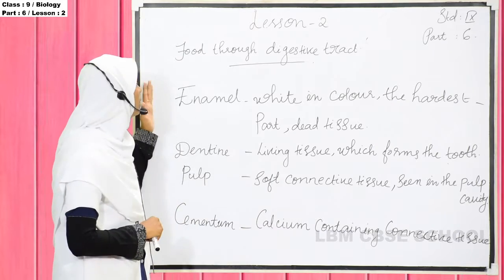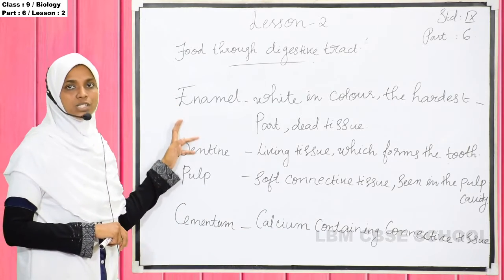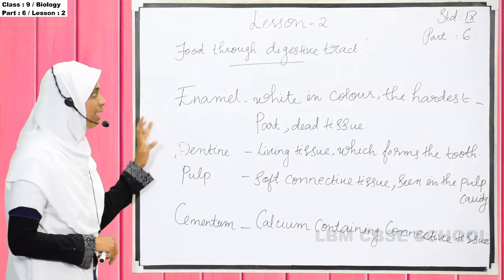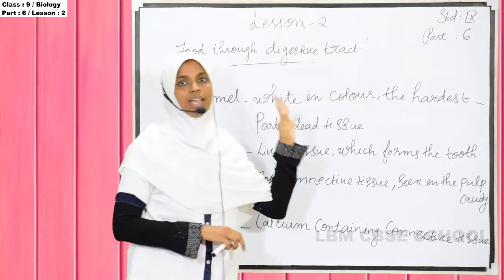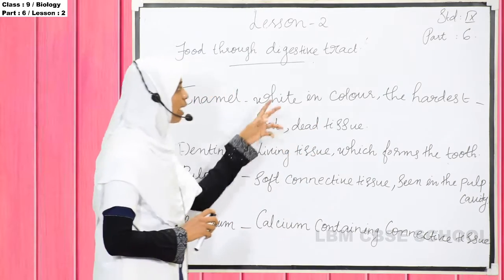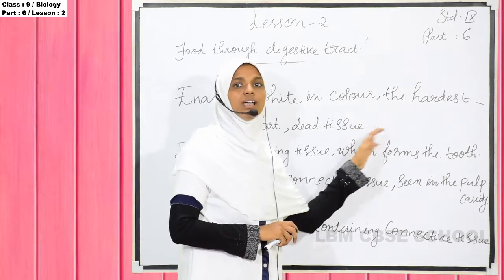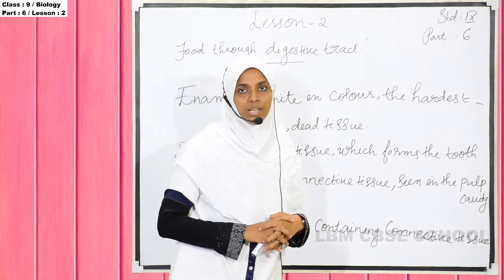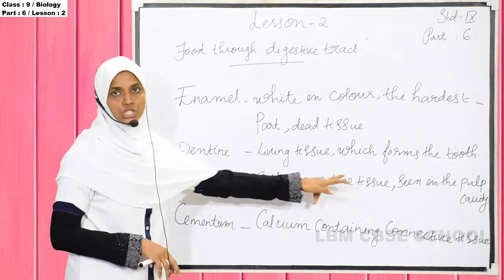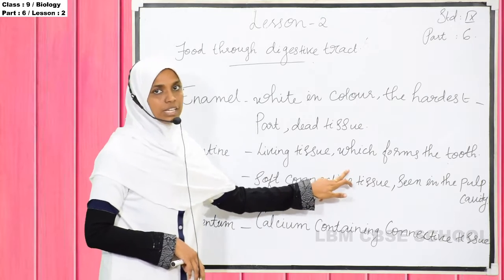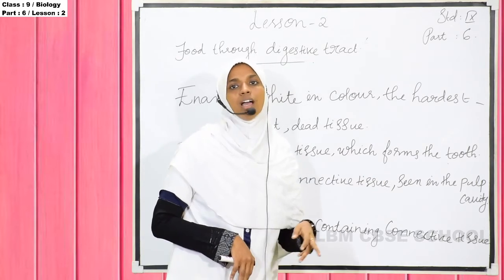So these are the parts of the teeth. Enamel is white in color, the hardest part, and it is the dead tissue. Dentine is the living tissue which forms the tooth.